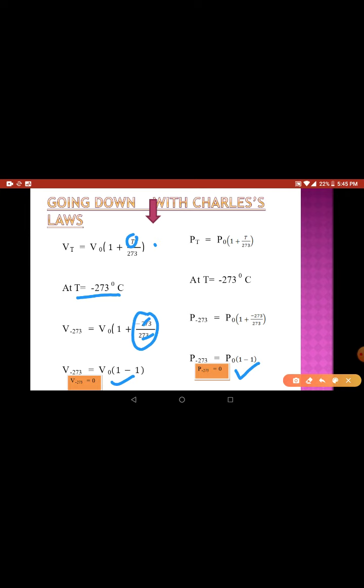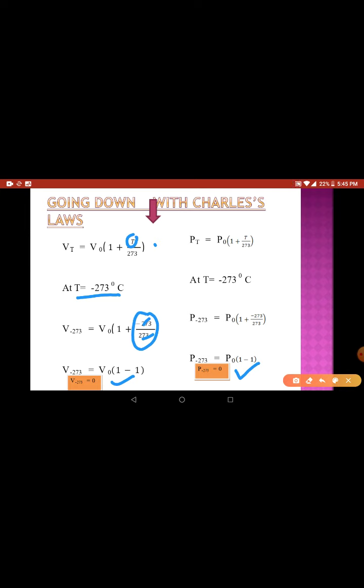It means that in principle, as you go on decreasing the temperatures of gases, their pressures and volumes become 0 at a temperature of minus 273.15 degrees Celsius.